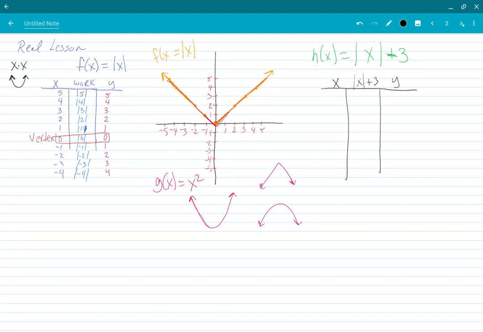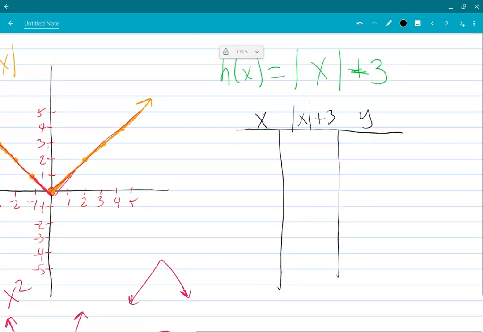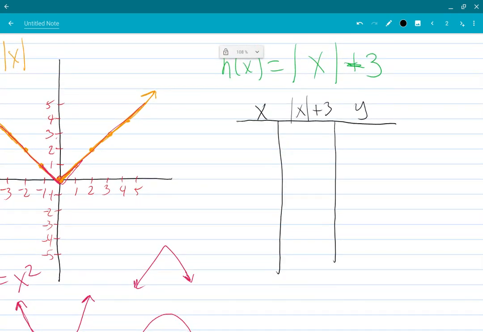Here's the work, okay? Let me zoom in so you guys can see that. All right, and let's start with 5, 4, 3, 2, 1, 0, -1, -2, -3, -4, -5. Inside here, I'm going to go ahead and just write this thing out, even though I could totally do this in my head. But I want you to see that you're not always going to be able to do it.